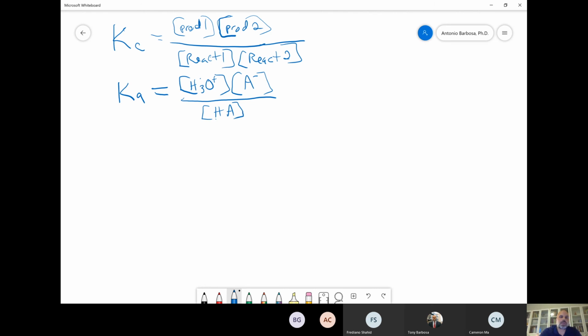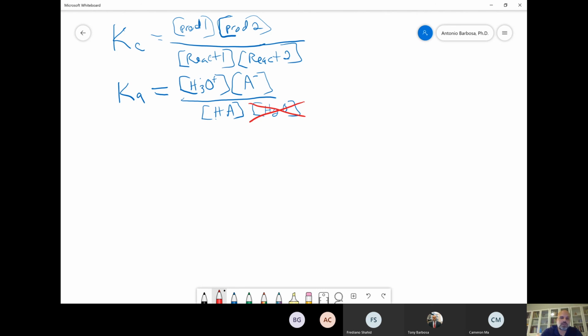So we have our products over reactants. It's no different. The only difference is that, because water is in a different phase, we ignore water in the equation because it's a liquid and everything's dissolved as an aqueous solution.